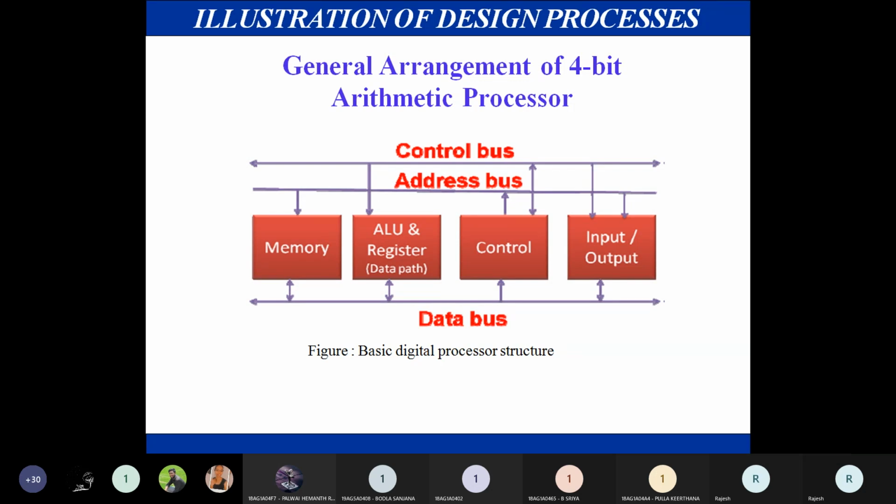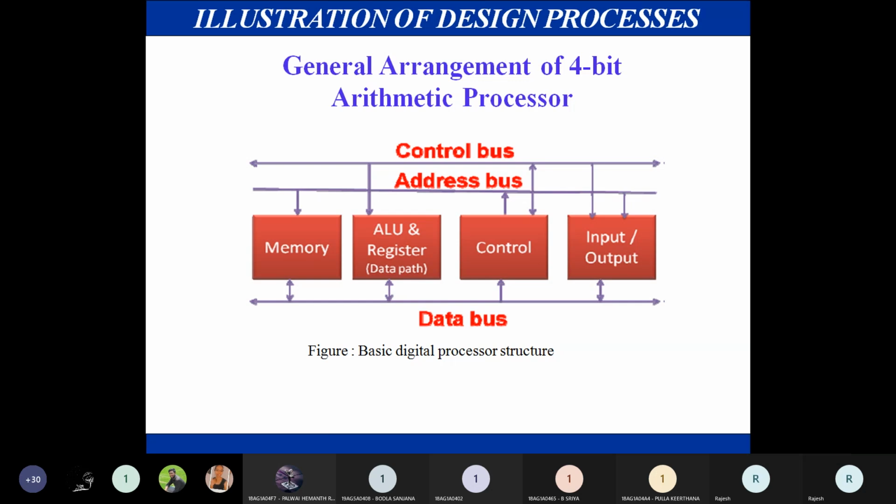Then there is a control block, an input-output block, and this data bus. The data bus has a bidirectional connection between memory and data bus, ALU and data bus, and the input-output devices.